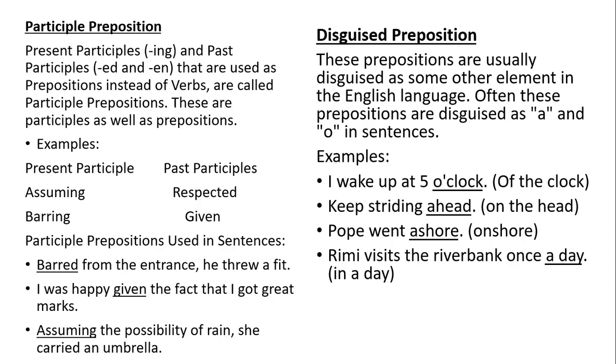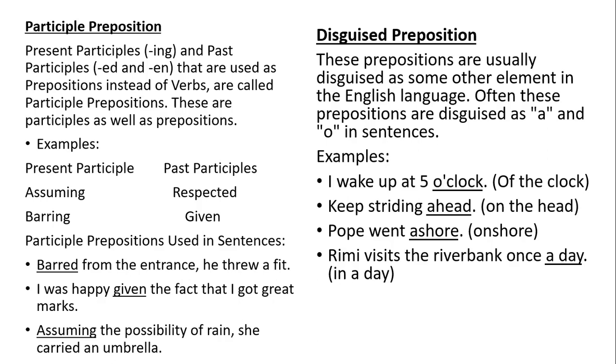If you're talking about time, you have to mention o'clock. So o'clock may be a separate variation of the word clock. Like if someone asks you what time is it, you say, it's 9 o'clock or it's 10 o'clock. I had no idea that this O is actually a shortened version of the preposition of.